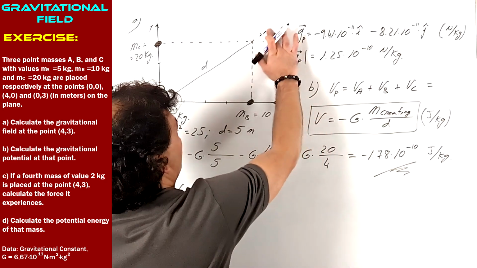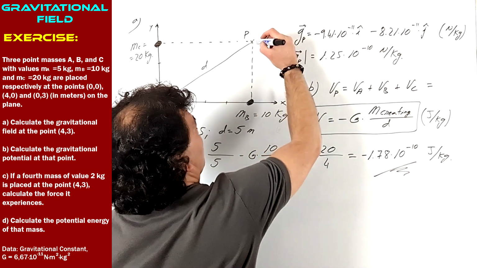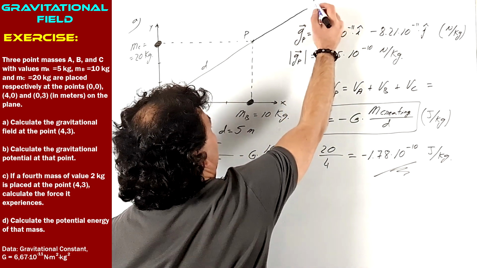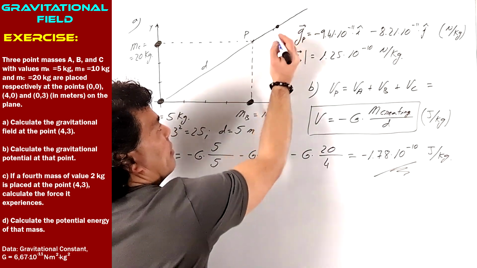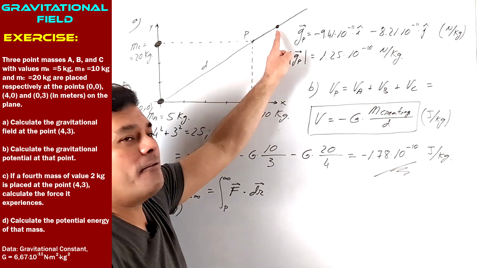Now let me draw the situation. We're moving a 1 kilogram mass from point P to the infinite. This is the way. This one is our 1 kilogram mass.